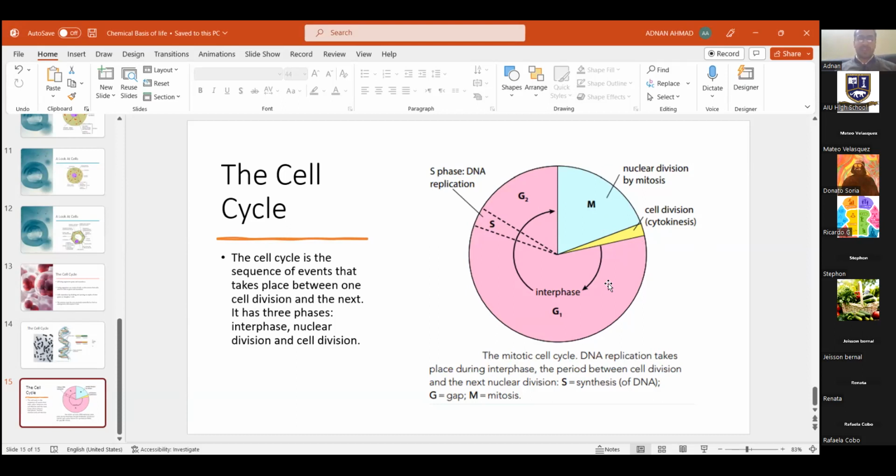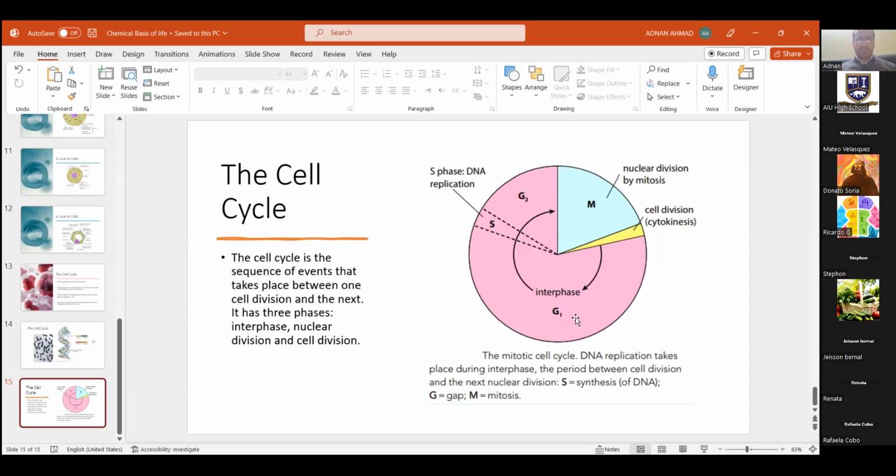So if you summarize this, number one, G1 phase. In this phase, the cell grows in size and carries out its different functions. The cell creates proteins and enzymes that are essential for the daily activities of the cell.